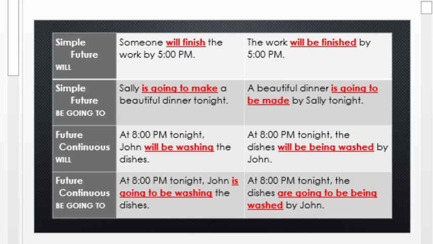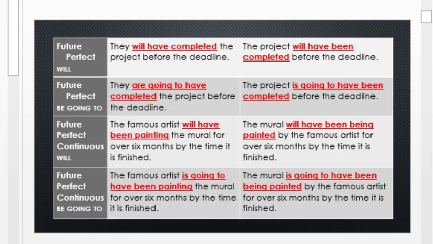And the same goes to future continuous with will form. Will be, and in passive is will be being watched by John. And also future continuous with the form of be going to. And also in future perfect tense, if you're going to use a will form, it's quite obvious here.